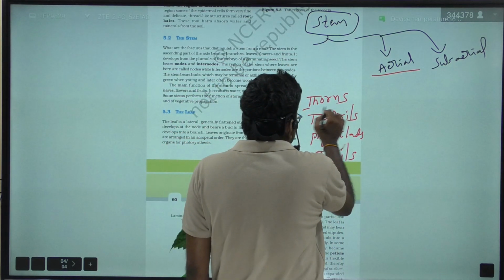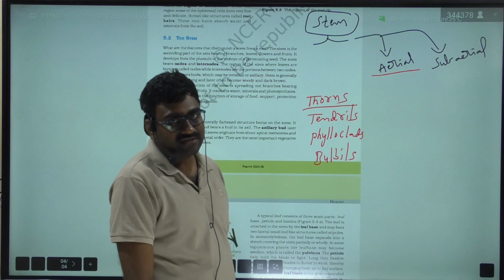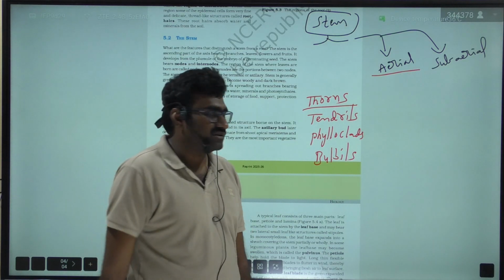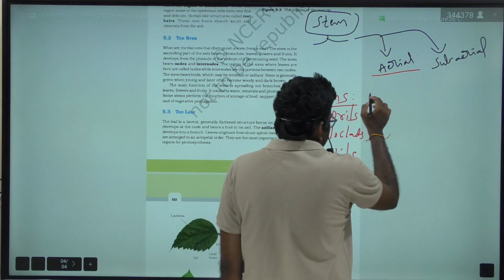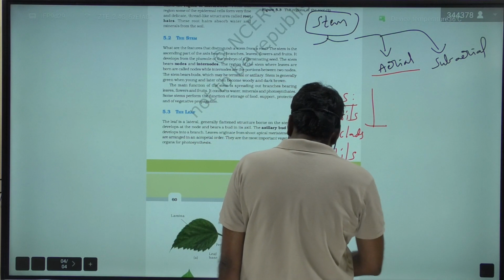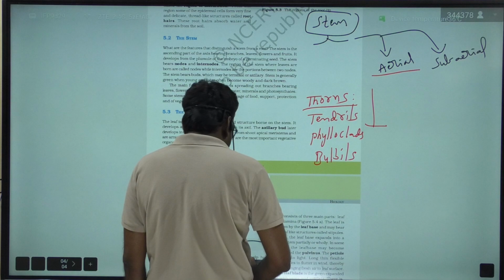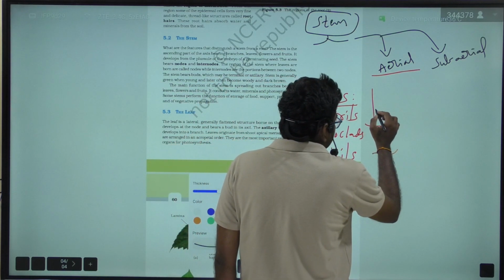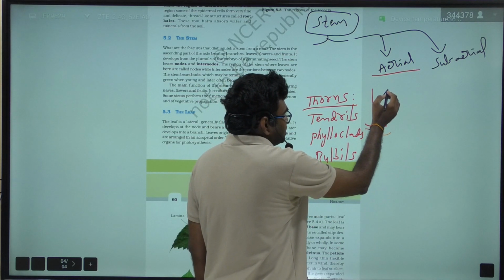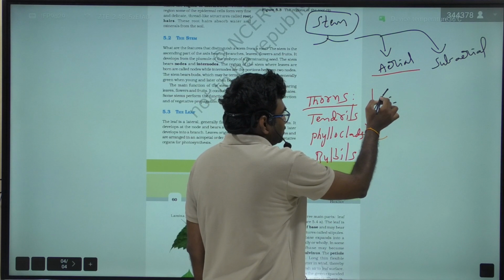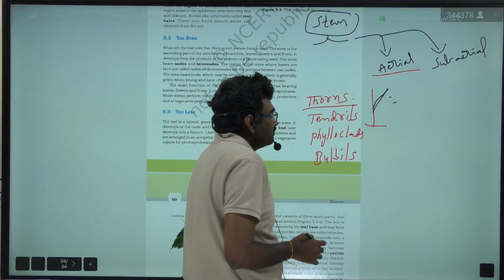Thorns: citrus and bougainvillea are examples for thorns. A thorn is a straight, pointed, woody structure.